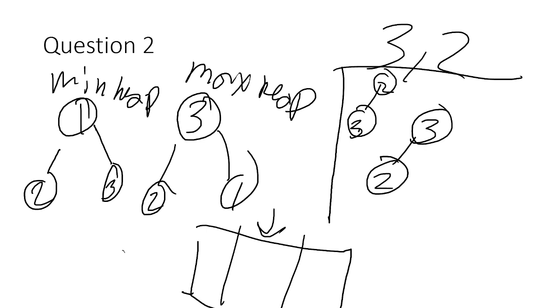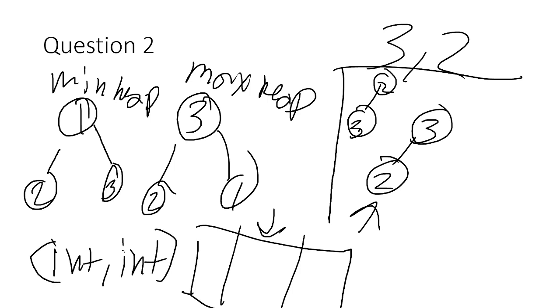So what other data structure do you think can keep track of an index and a data, so you have your two integers? What type of data structure would you use to keep track of it?